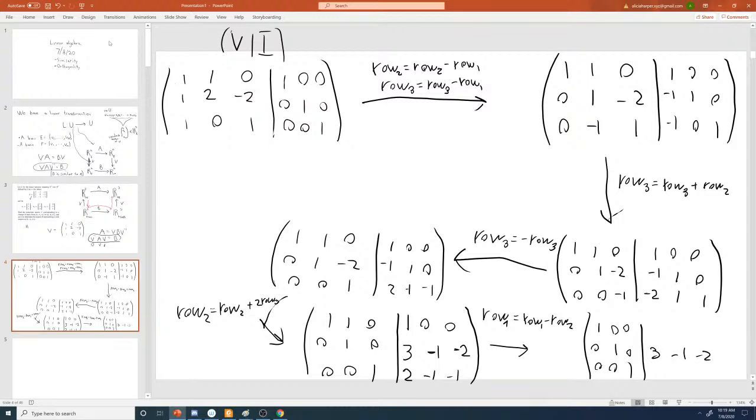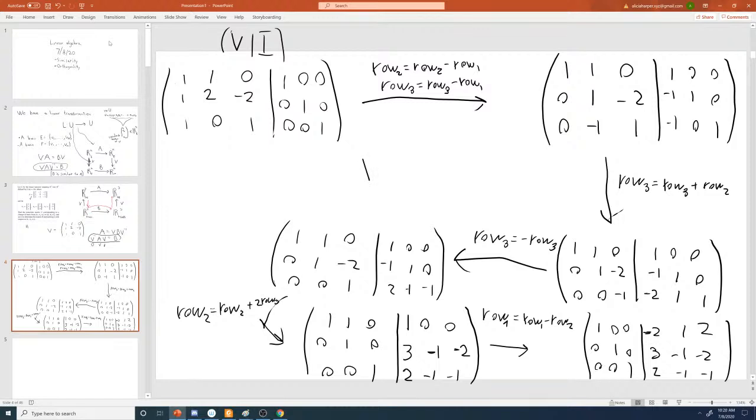So let me fill those in first. Now let's figure out what happens to the top row of the augmented side. I'm subtracting 3 from 1, so I should have a negative 2 here. And I am subtracting negative 1 from 0, so I should have positive 1 here. Subtracting negative 2 from 0, so I should have a positive 2 here.